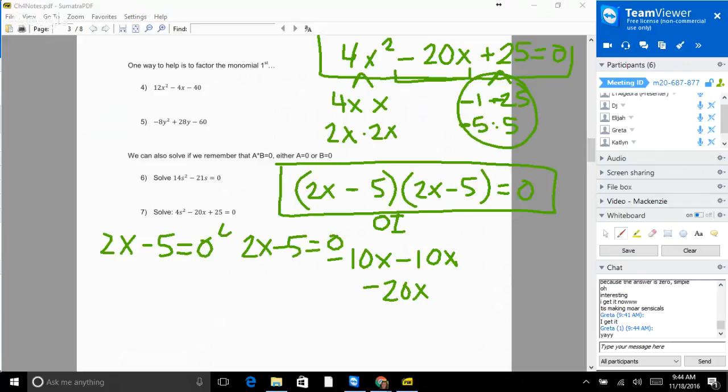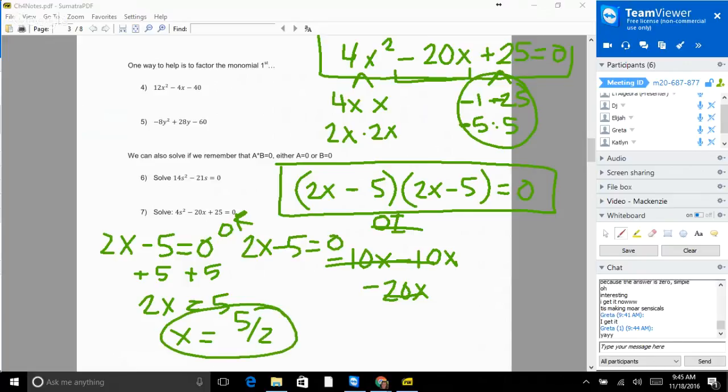These two are the same equations, right? So if we add 5 to both sides, we've got 2x equals 5, or x equals 5 over 2. For this particular case, there's actually only one solution because we ended up with the same factoring, right?